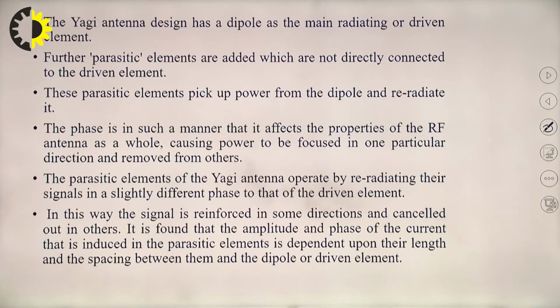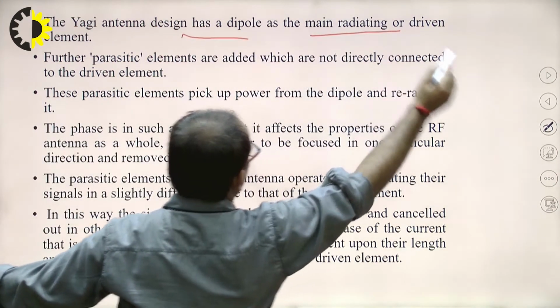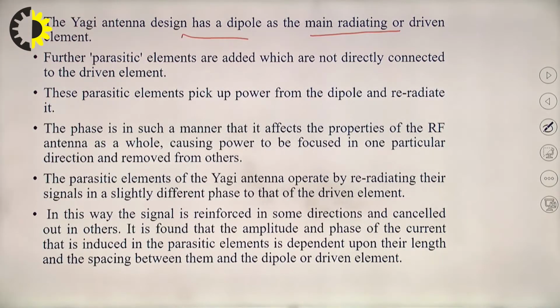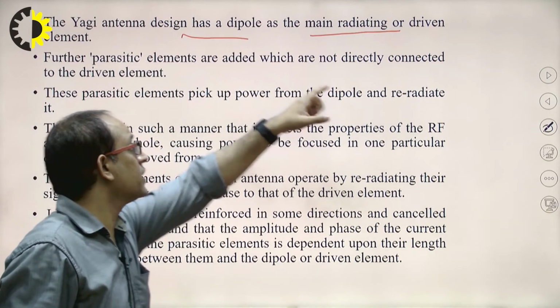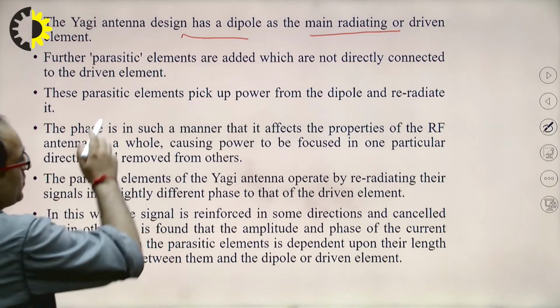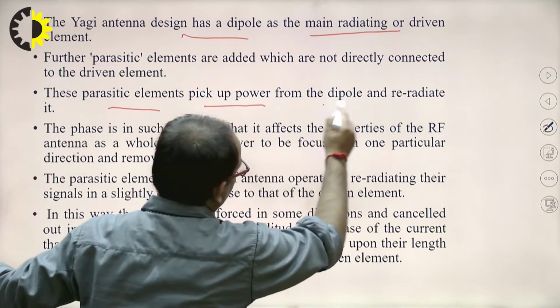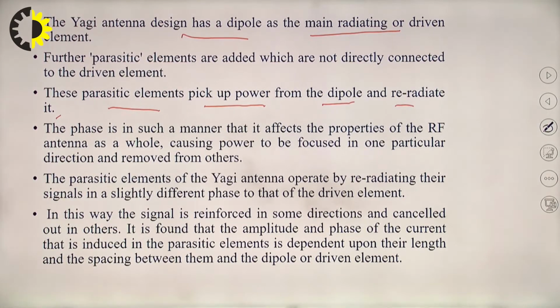So the Yagi-Uda antenna has a dipole which is the main radiating or driven element. The other elements are the parasitic elements, which are not directly connected to the driven element. These parasitic elements pick up the power from the dipole and radiate it. Clear?